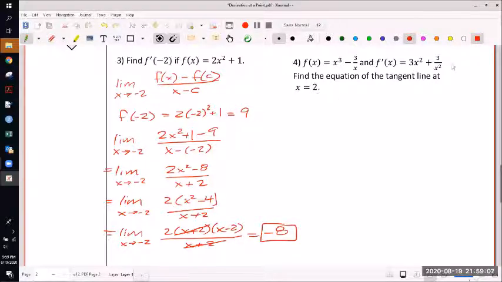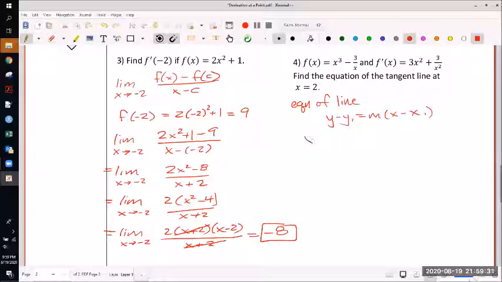Well, the derivative function here gives me the slope of the tangent line at any point. So recall that the equation of the line in point slope form is going to be y minus y1 equals m times x minus x1, where I have the slope m and I just need a point x1, y1.